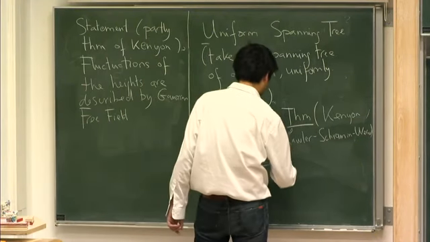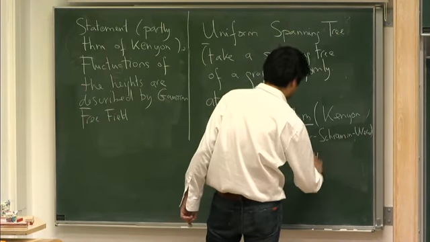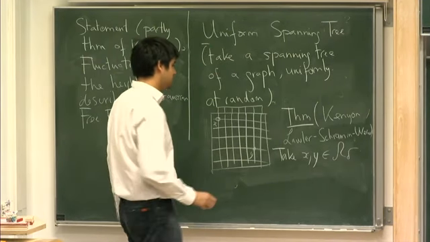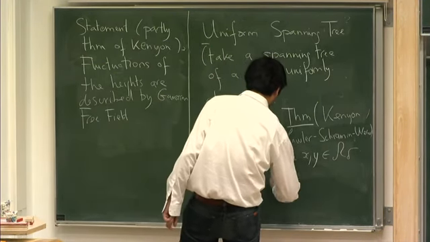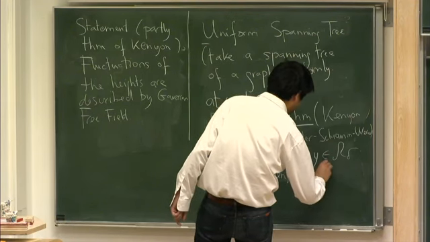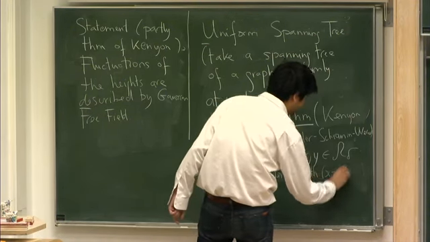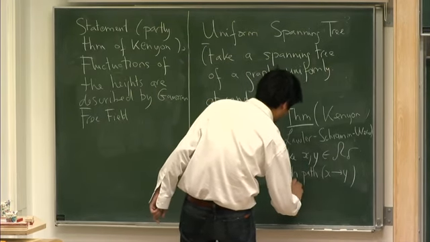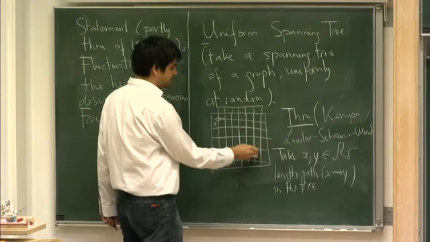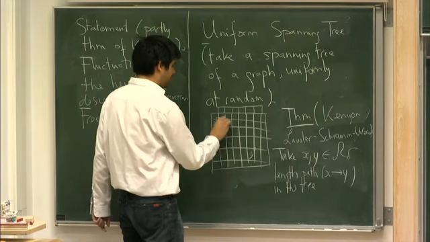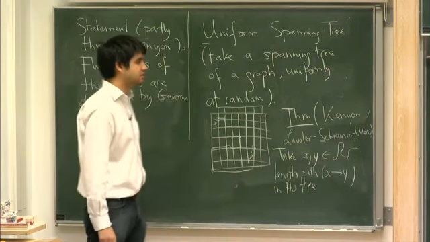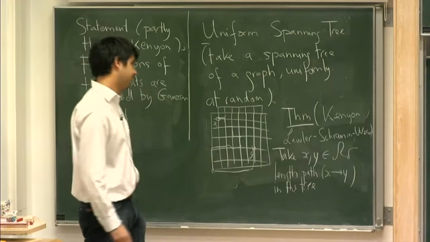So take x, y in the discretized domain, and you ask, what is the length of the path that goes from x to y in the tree? You know it's a tree, so there's a unique path between any pair of points. So you can ask, how many edges do I need to go from one point to the other?